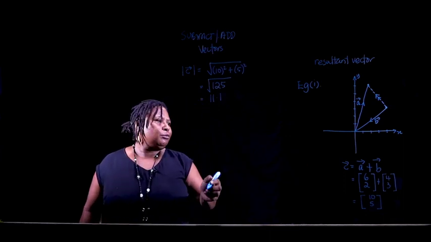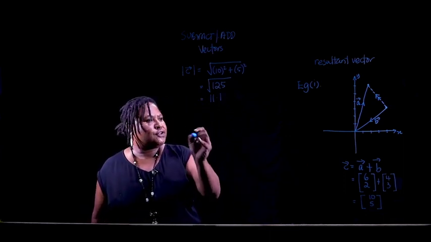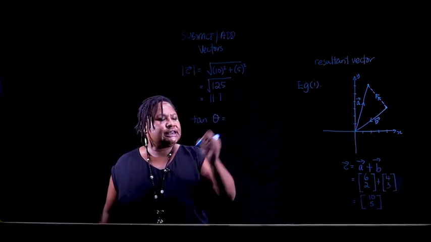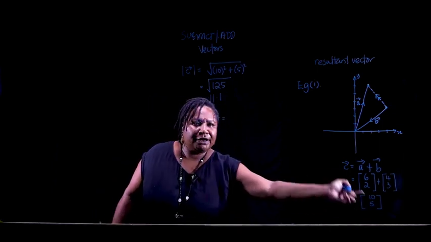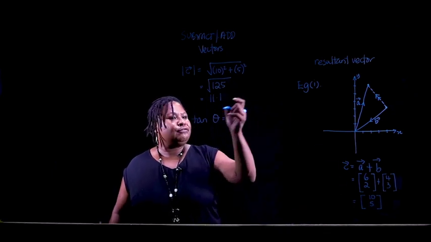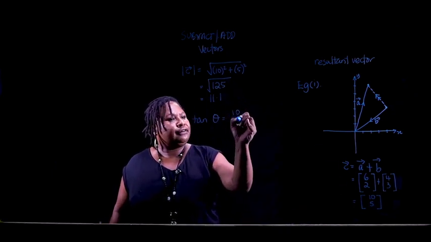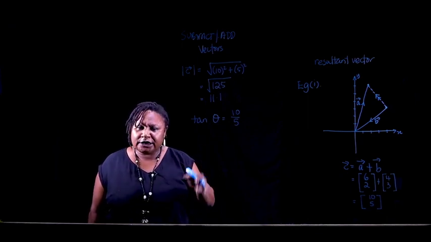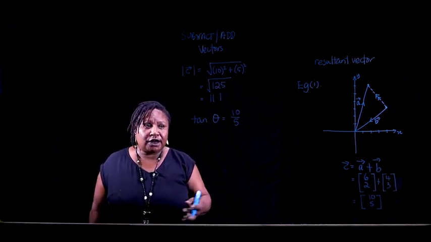We apply trigonometry here, and we're going to use the tangent ratio. So tan theta is equal to, using the matrix there, 5 over 10. Now at this point, you are supposed to be using your calculator.